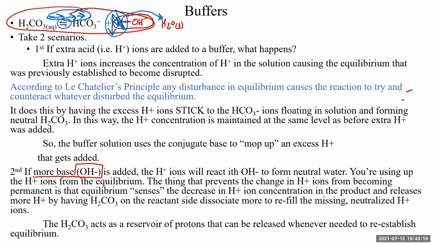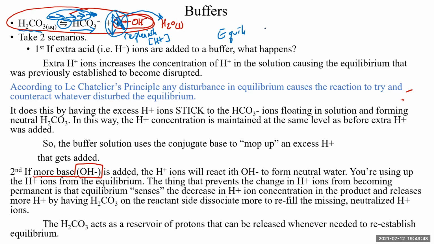So carbonic acid breaks down into bicarbonate. It enhances or shifts to the right to produce more bicarbonate ion and to replenish the hydrogen ion concentration. So it shifts right.